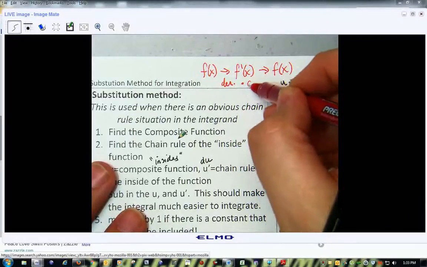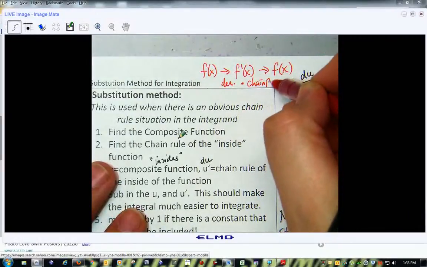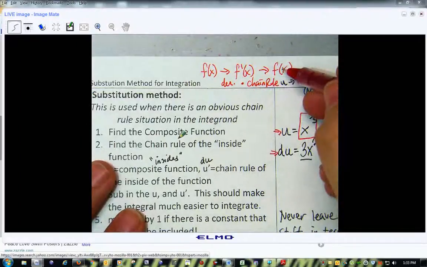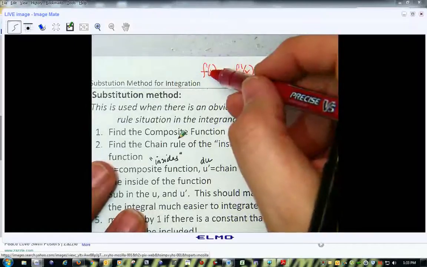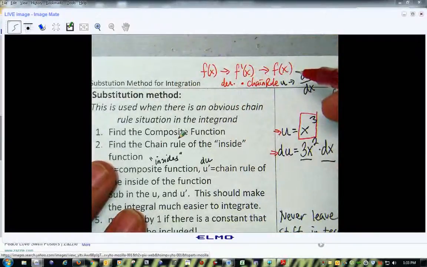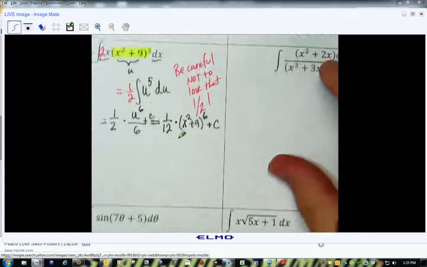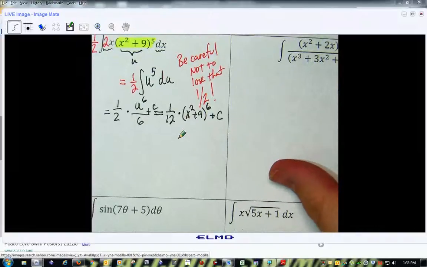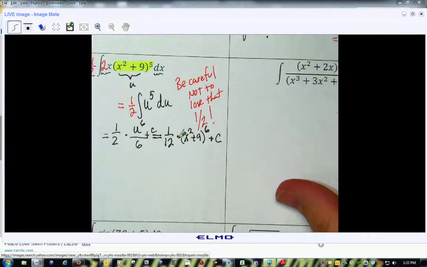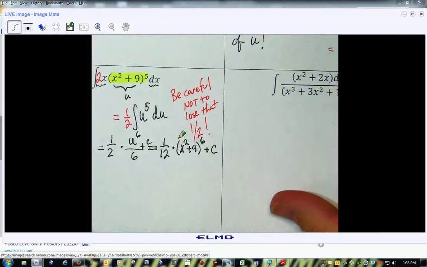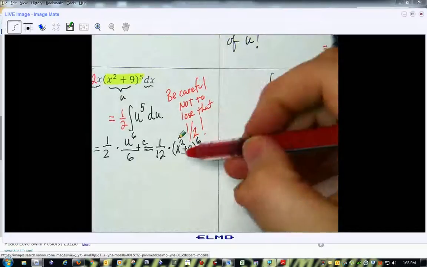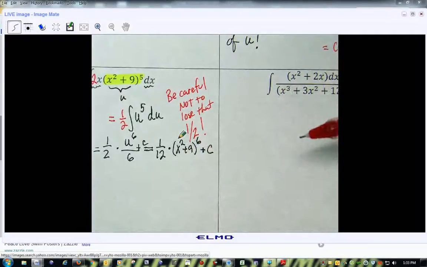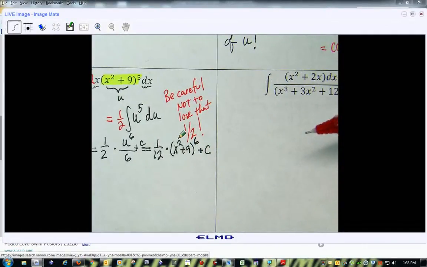And then when you get back to this, the chain rule goes away, because the chain rule isn't there when you start. Makes a bit of sense. Right. And that's why the 2x went away in number 2. Yes, because that would be the chain rule of x squared plus 9. Better? Yes. Okay, good.